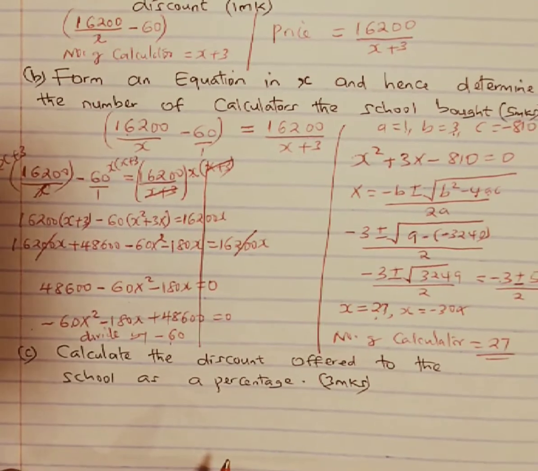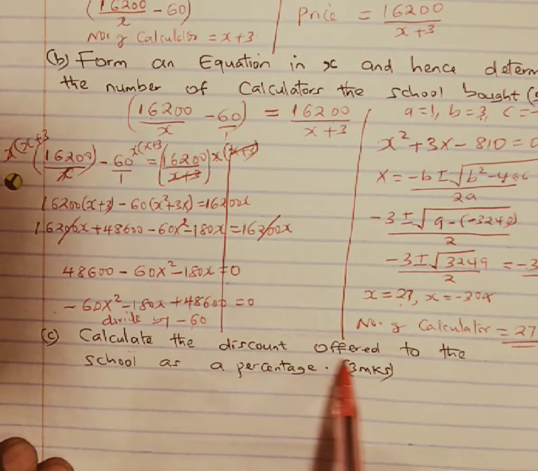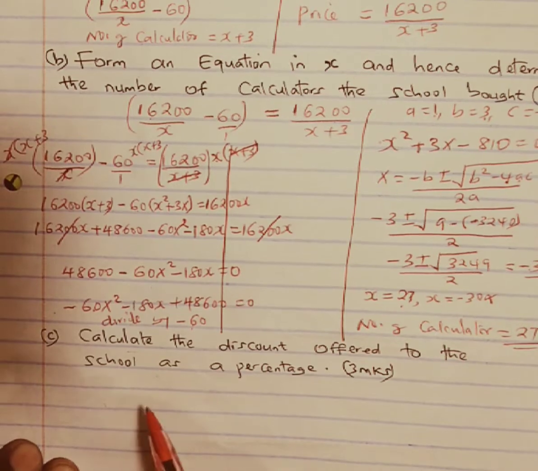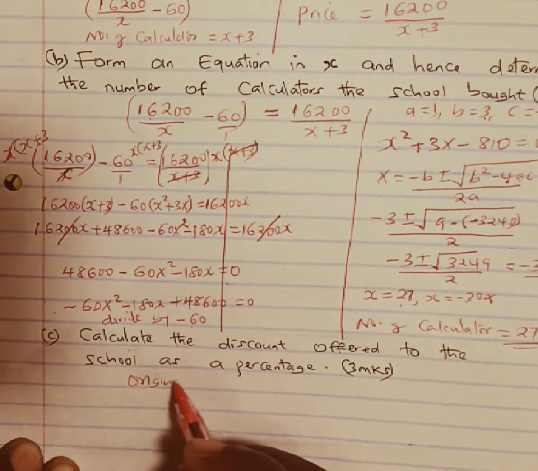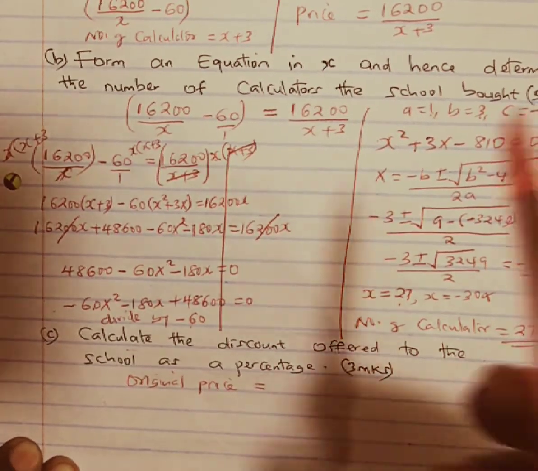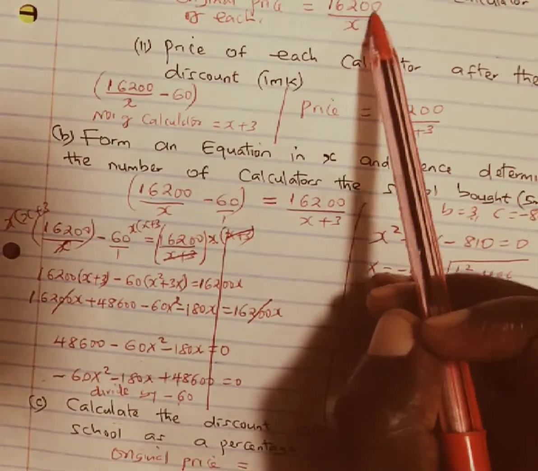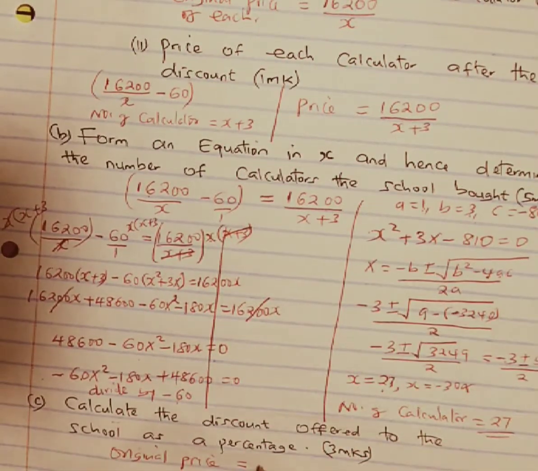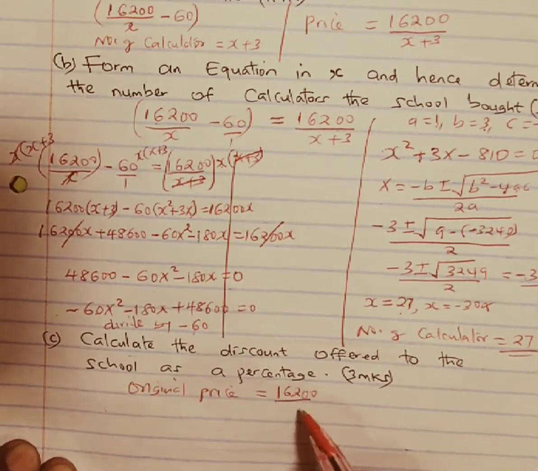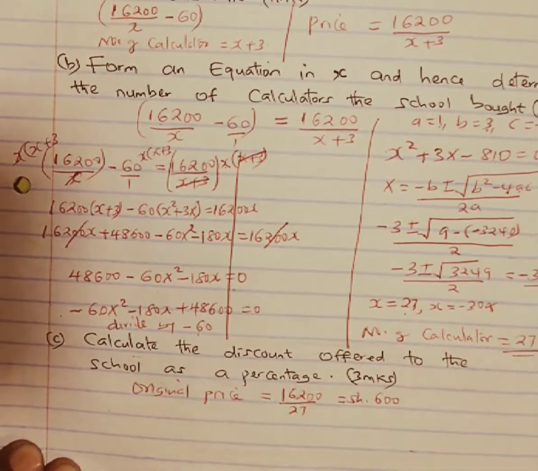Next, that is C. Calculate the discount offered to the school as a percentage. Before we calculate the discount, we know we have to calculate the original price. And to get the original price, we are going to take 16,200 divided by X, which is 27. 16,200 divided by 27 will give us 600 shillings.